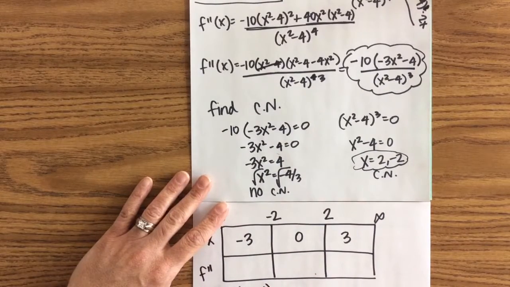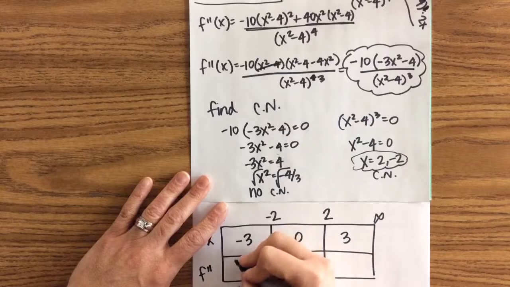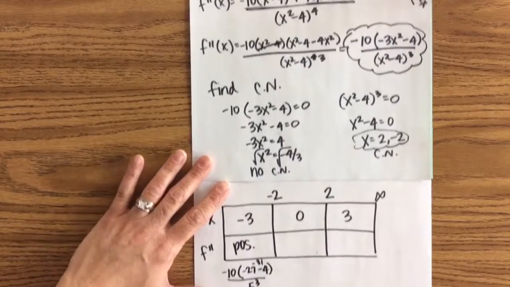So on the top I end up with -10 times -31. Negative times negative is positive, so I end up with a positive number on top, and that's 125. Positive number divided by a positive number is a positive number. So here I end up with a positive number, or second derivative greater than 0.